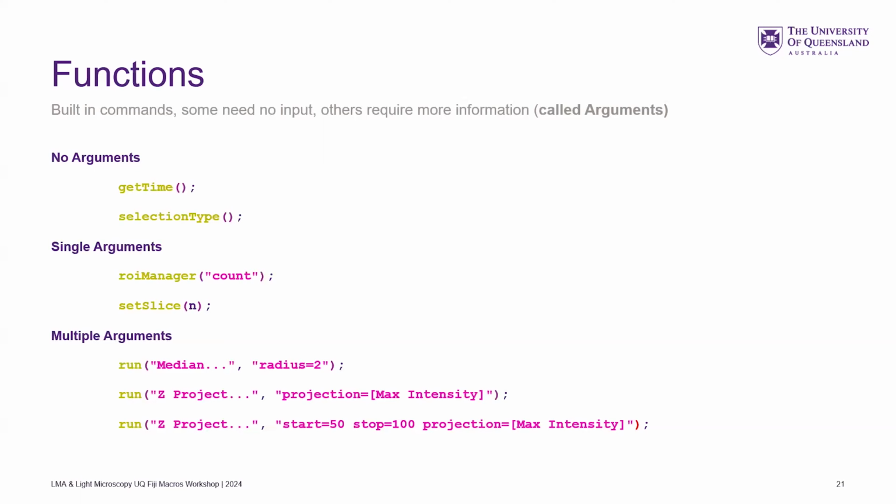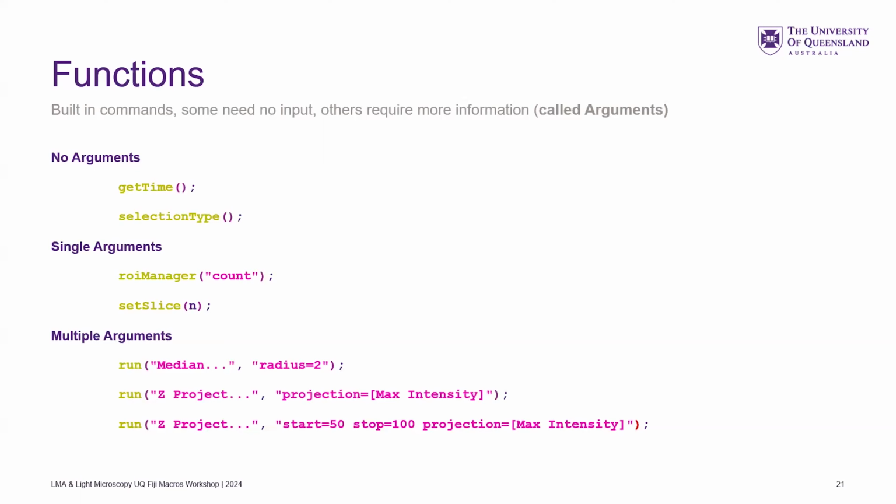So if you ask in your scripts, draw a line because I want to run a line profile or a line scan, and the user draws a circle, maybe you want to put a catch in there that says that's a circle, not a line. Go back and draw a line, because otherwise, if you feed a circle into the plot profile tool, it's going to crash because it doesn't expect that, right?